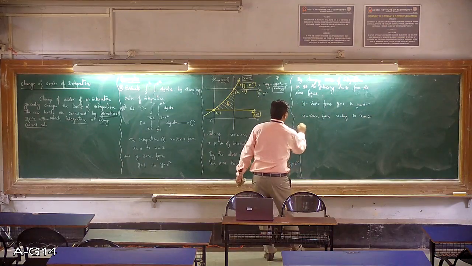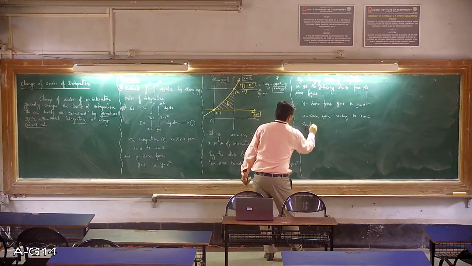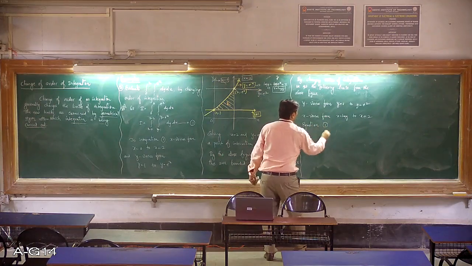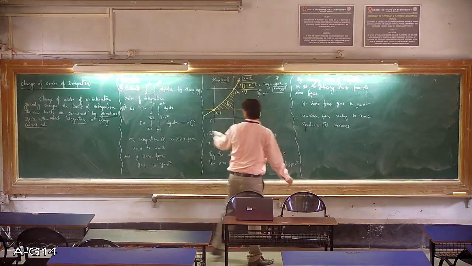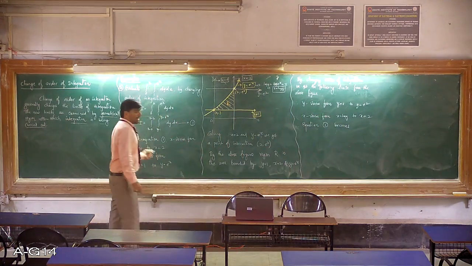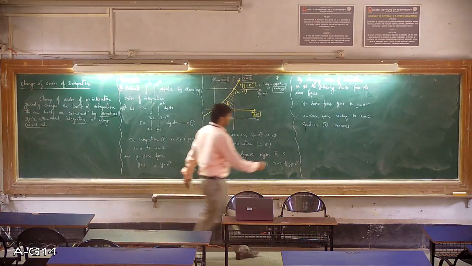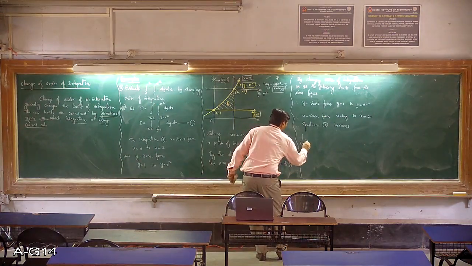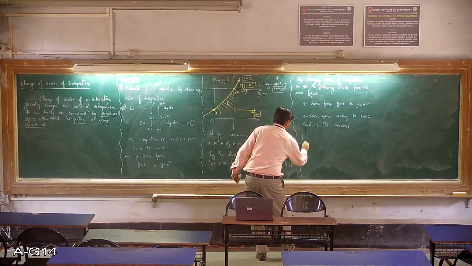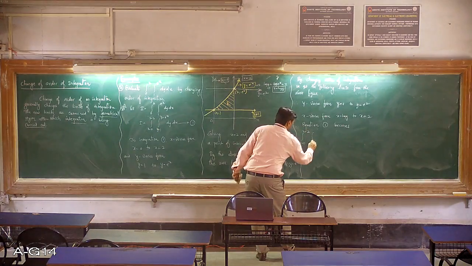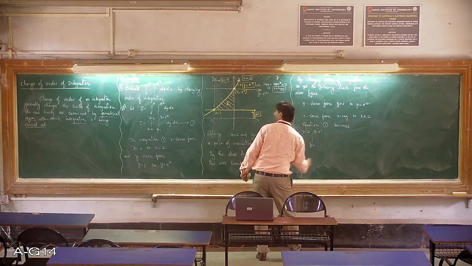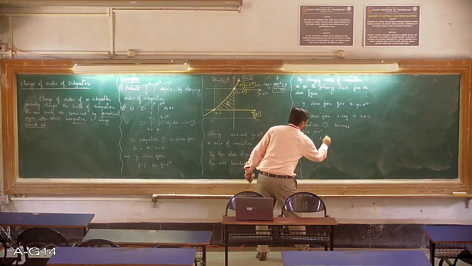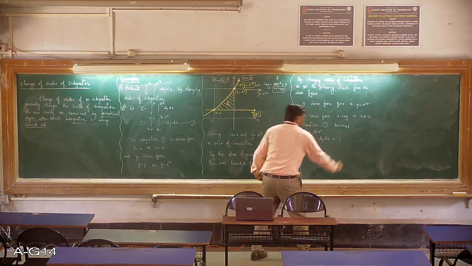Okay, therefore equation 1 becomes, that means what? In this equation we are changing the order. So therefore integration from x equals 0 to x equals 2, integration y equals 1 to y equals e to the power x, dy dx, we have changed the order.